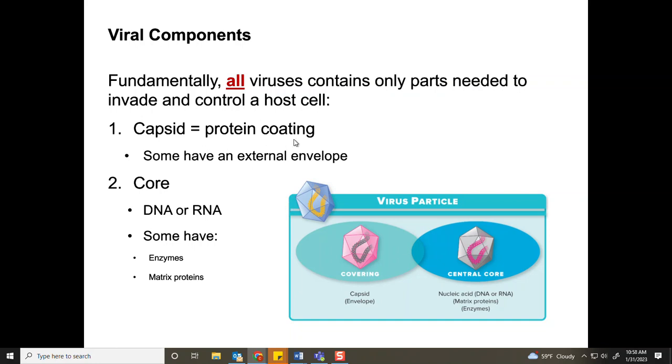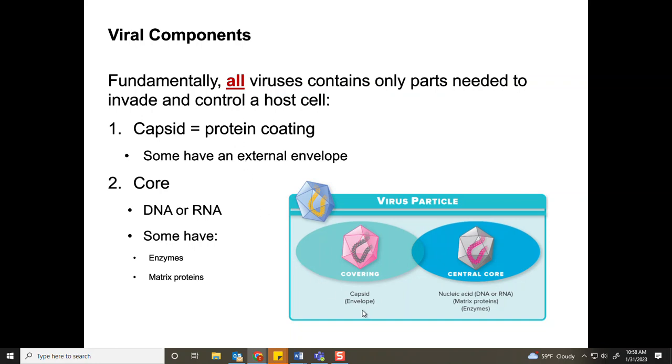That covering is analogous to the plasma membrane for cells, which is made up of phospholipids. But in this case, the boundary that separates the inside of the virus from the outside is made up of proteins, and it's called a capsid. Individually, the protein units are called capsomeres, and collectively, it's called the capsid.